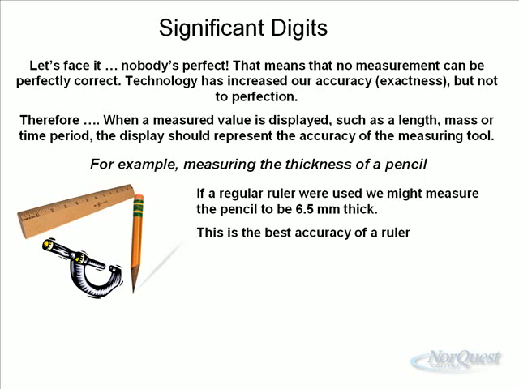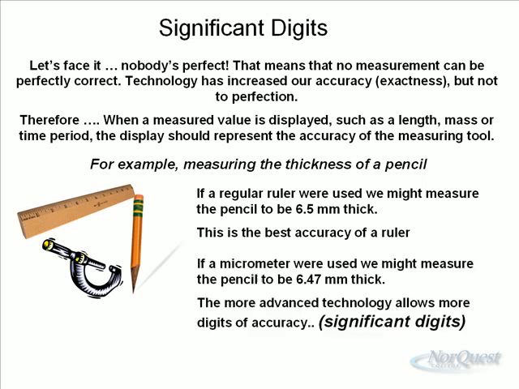Now notice the 6.47 is about the same number, but it's accurate to the nearest hundredth of a millimeter, whereas the previous measurement was only accurate to the nearest tenth of a millimeter. More advanced technology, all right? The micrometer is a little more advanced than the ruler, and that allows more digits of accuracy.